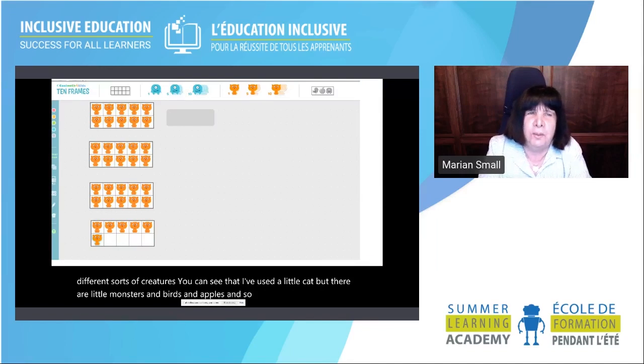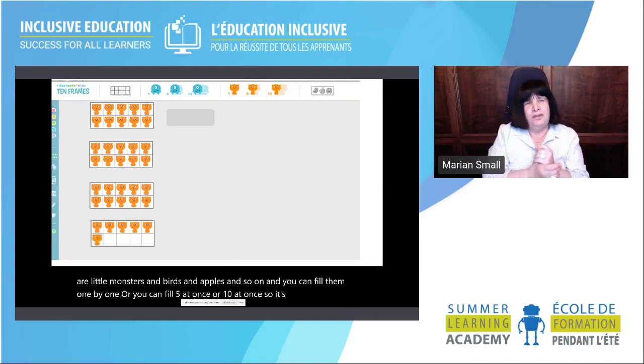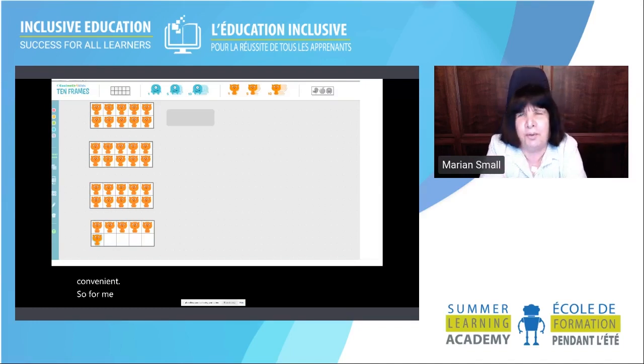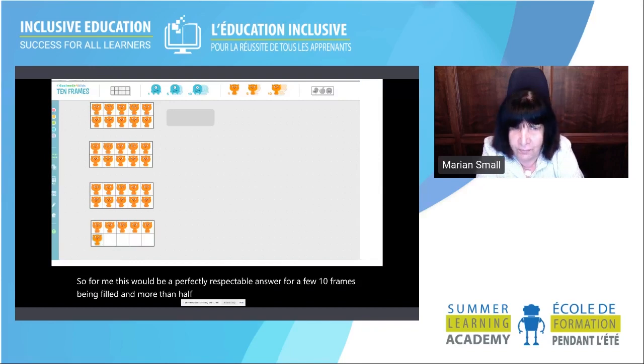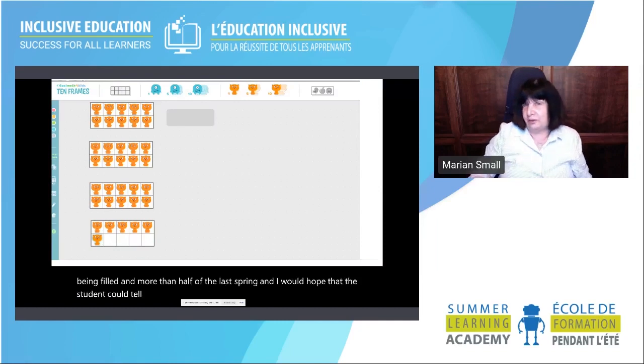And you can fill them one by one, or you can fill 5 at once or 10 at once. So it's actually quite convenient. So for me, this would be a perfectly respectable answer for a few 10 frames being filled and more than half of the last frame. And I would hope that the student could tell me it was 36. And that's just one possible answer.